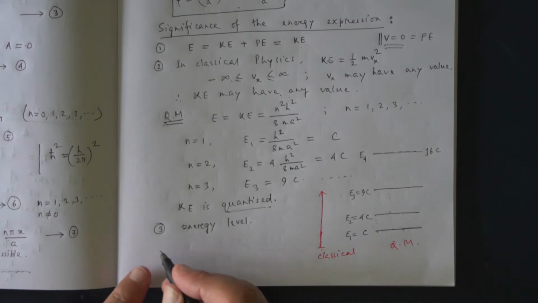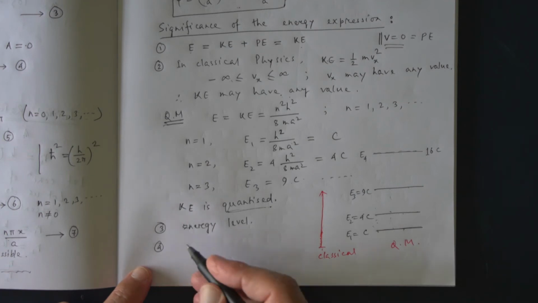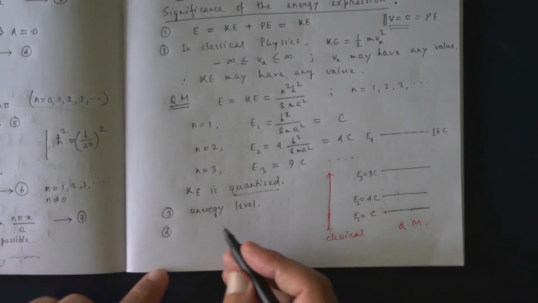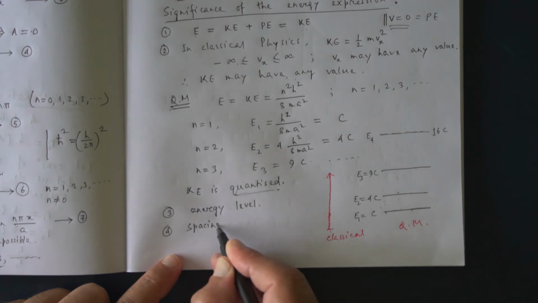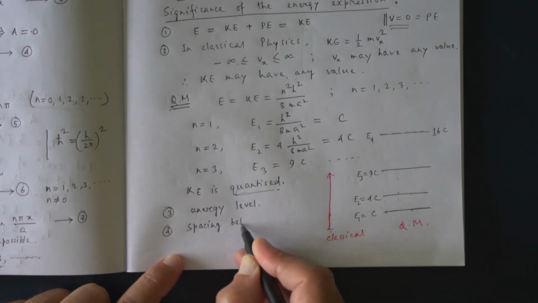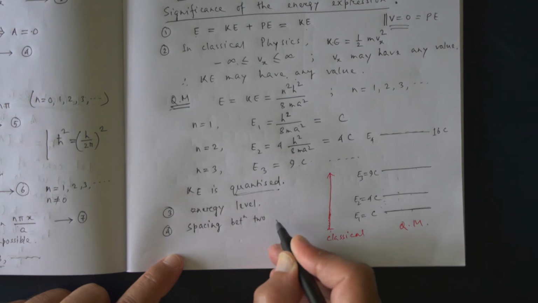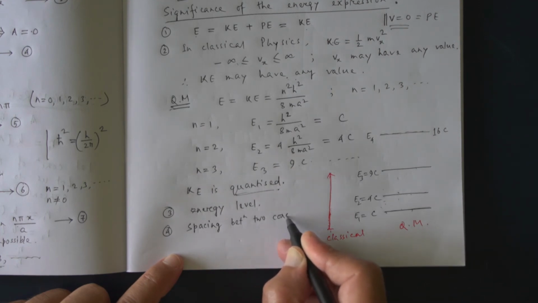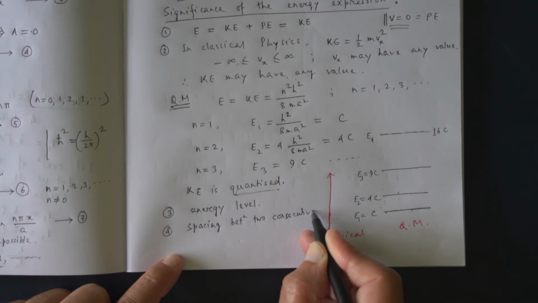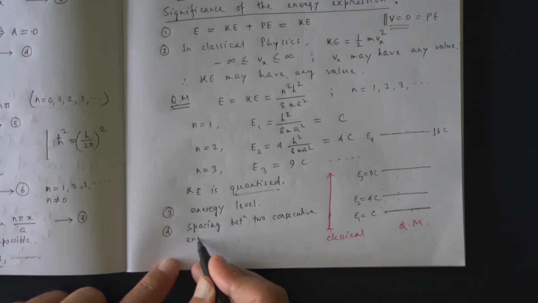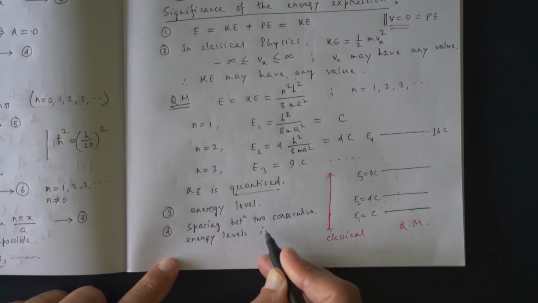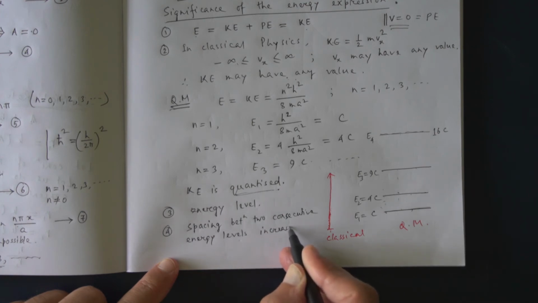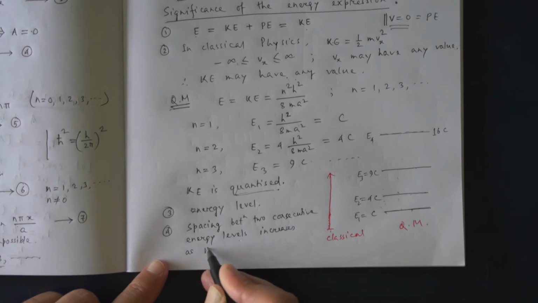Now you see, number 4 is that the spacing between two consecutive energy levels increases as kinetic energy increases.